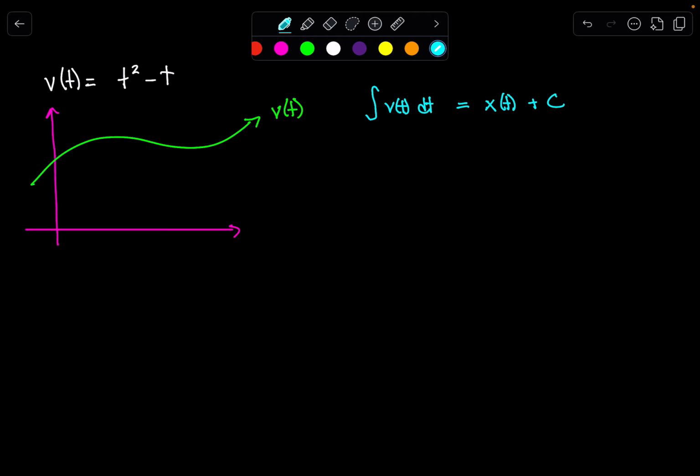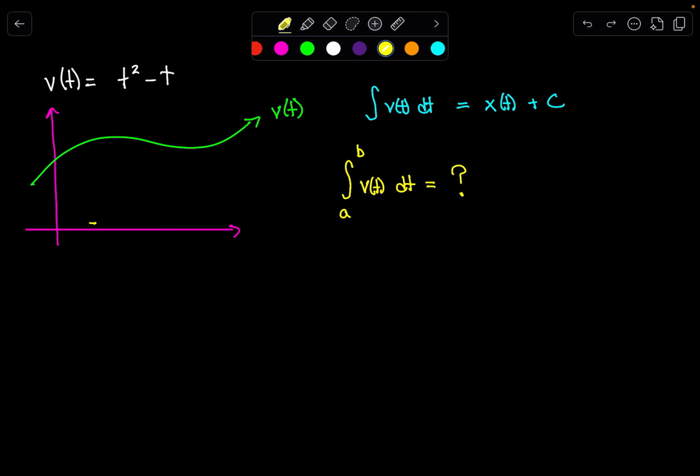And so now the more interesting question is, what happens if I integrate my velocity function over a specific interval from a to b? What exactly does this give us? We know that the antiderivative of velocity is the position function, but what does the definite integral mean?